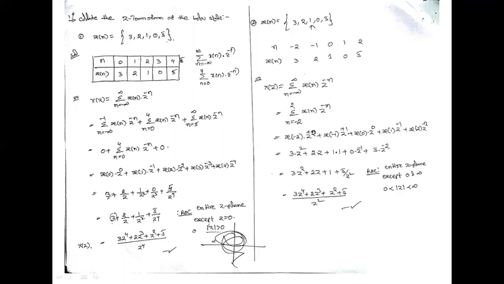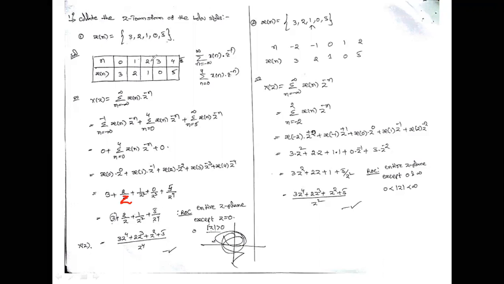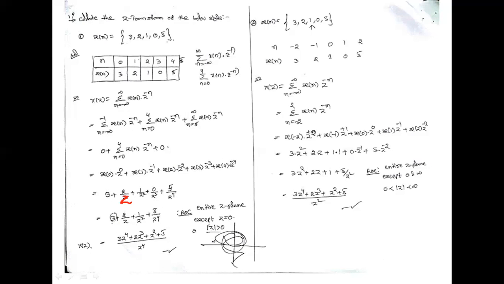The x of 0 value 3, z power 0 is 1. x of 1 is 2, and 1 by z is z to the power minus 1, my dear students. Don't think it is a 2, it is a z. When n is equal to 2, the value is 1, and 1 by z square. At n is equal to 3, the x of 3 value is 0 by z cube.